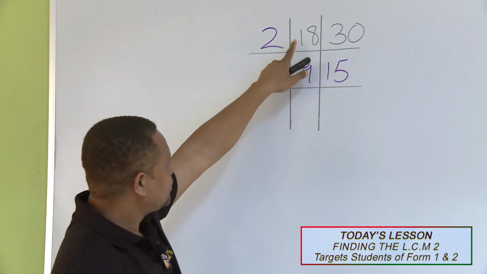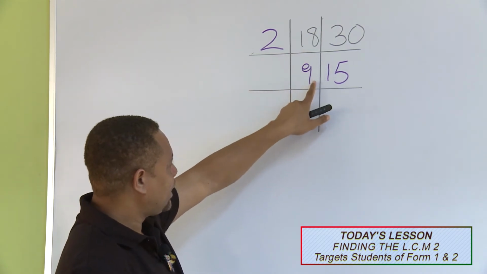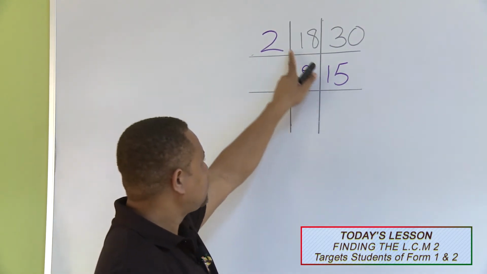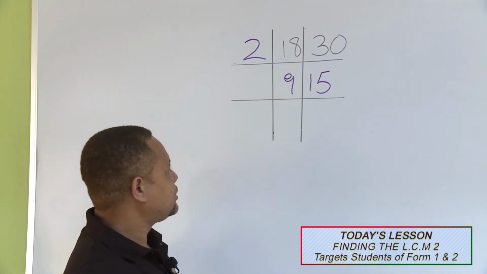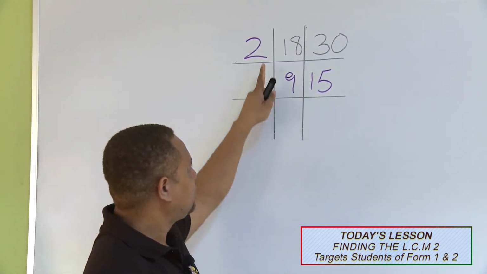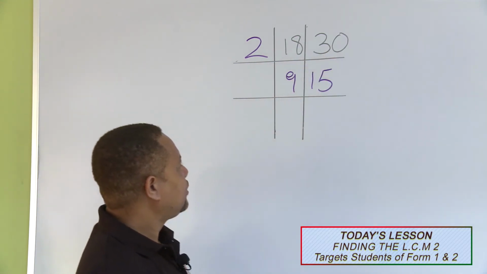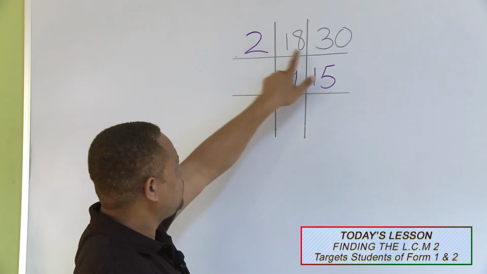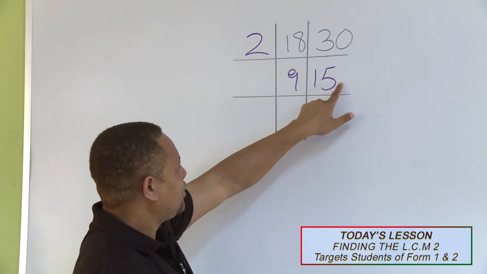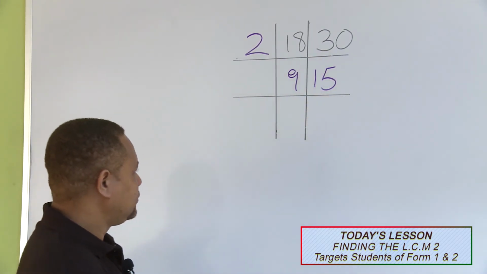So the quotient of 2 into 18 is 9. That's the answer when you divide. So my divisor is 2, my dividend is 18, my quotient is 9. There's no remainder. 2 into 30, my divisor again is 2, my dividend is 30, my quotient is 15.